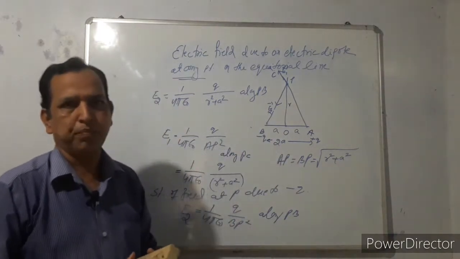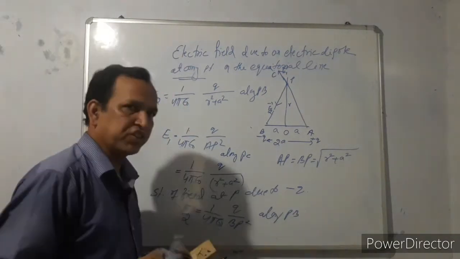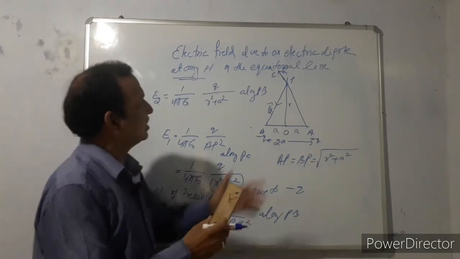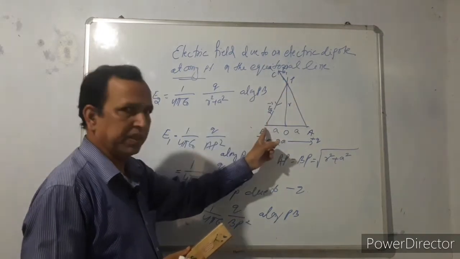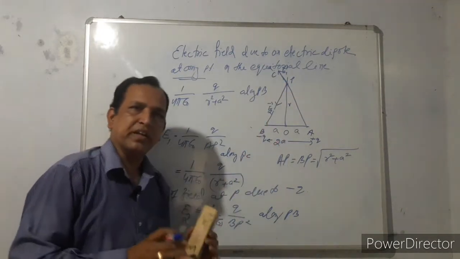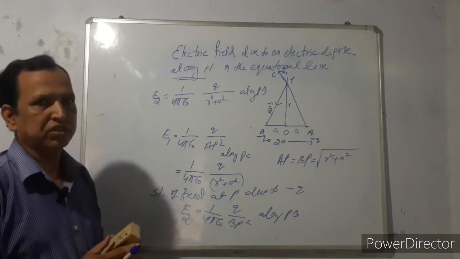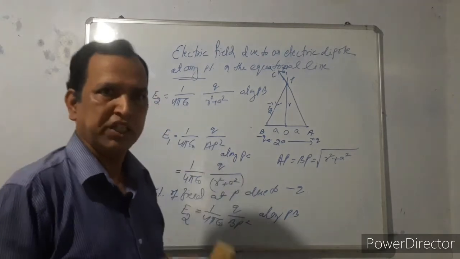So E1 and E2 magnitudes are the same, but directions are not the same. One is along PC, the other along PB. So what is the net field strength? For the net field strength, resolve E1 and E2.